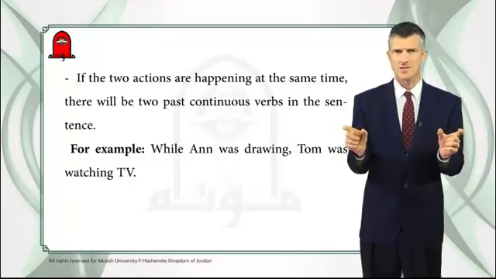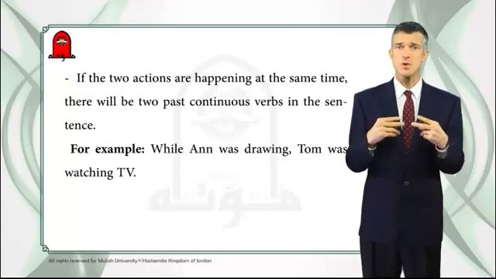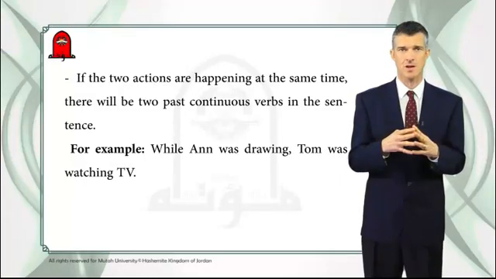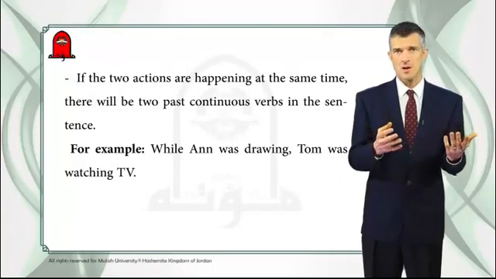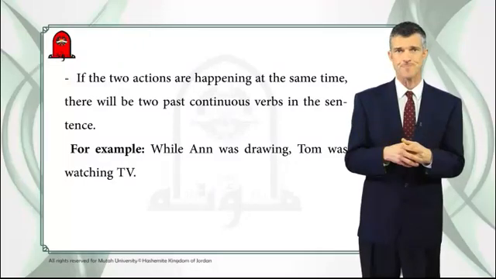If the two actions are happening at the same time, there will be two past continuous verbs in the sentence. For example, while Anne was drawing, Tom was watching TV.